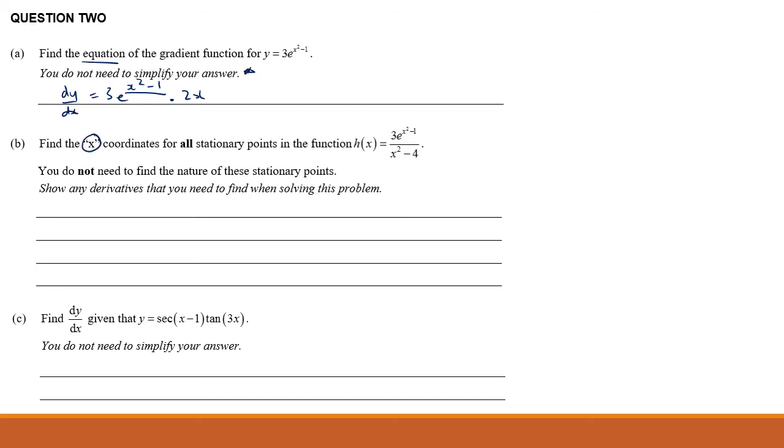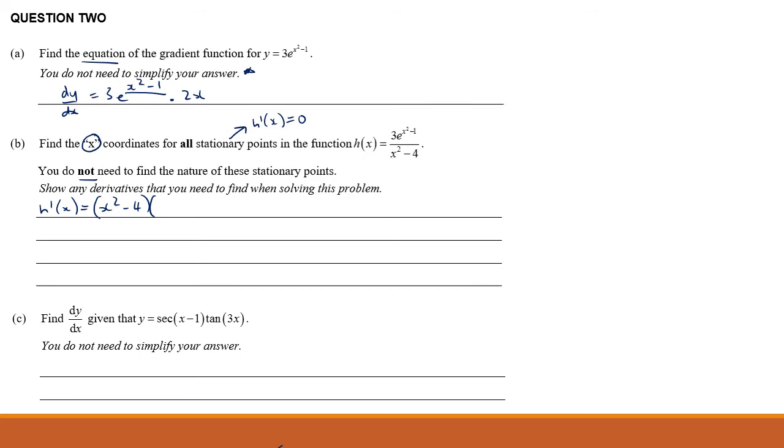Find the x coordinates for all the stationary points of that function. Remember from the previous question, stationary points is when the derivative is equal to 0. I don't need to find the nature, so I just need to find the points. So I'm going to derive that. Now that is going to be the quotient rule again. So h dash x is going to be right down the bottom, x squared minus 4 times the derivative of the top.